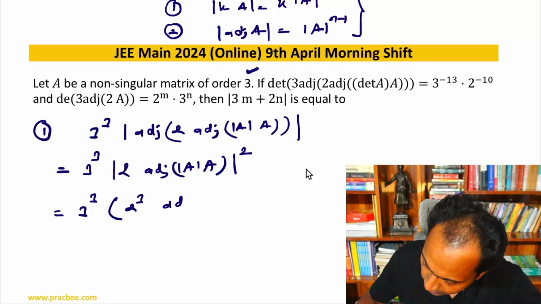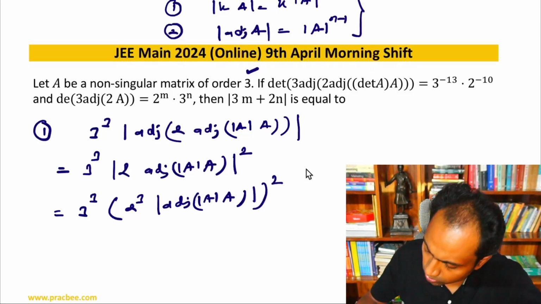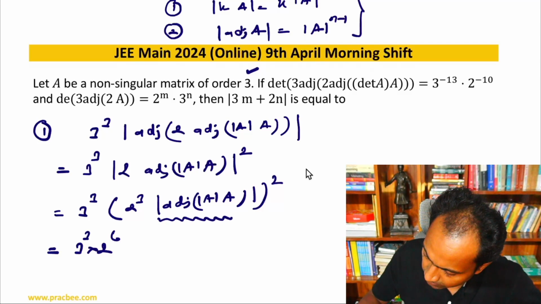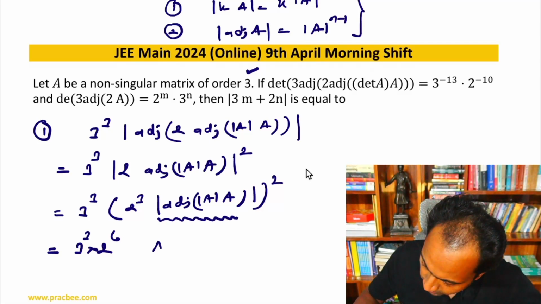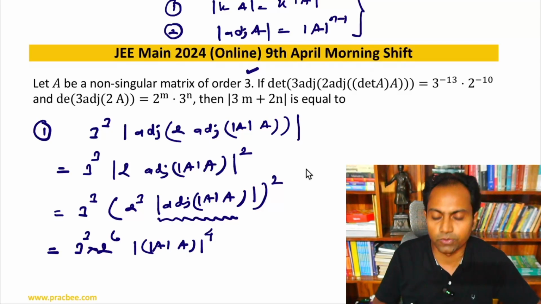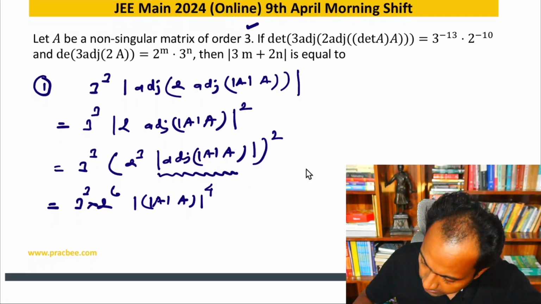And this will remain determinant of adjoint of A into A. Determinant of this part. And then there is a 2 outside. So if I simplify, this becomes 3 raised to 3, 2 raised to the power 6. And now this can be simplified as nothing but determinant of A into A, whatever is inside, determinant raised to the power 2, 3 minus 1, that will become 2, and there was 2 already in the power, so it becomes 4.